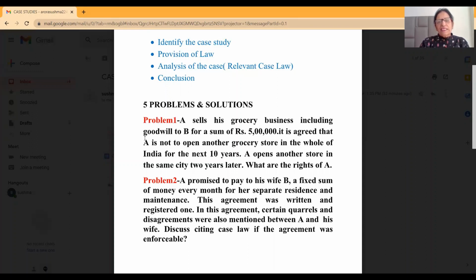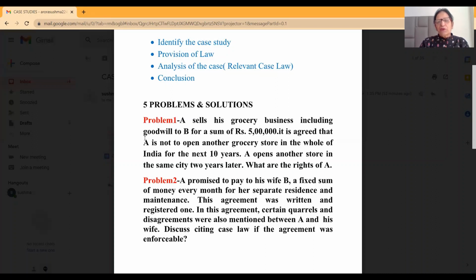Restrictions are reasonable when A is not to open another grocery store in the same locality for a period of 2 years or say 10 years or 5 years. This restriction seems to be reasonable. The restriction given in the problem, in the whole of India for the next 10 years, seems to be unreasonable.